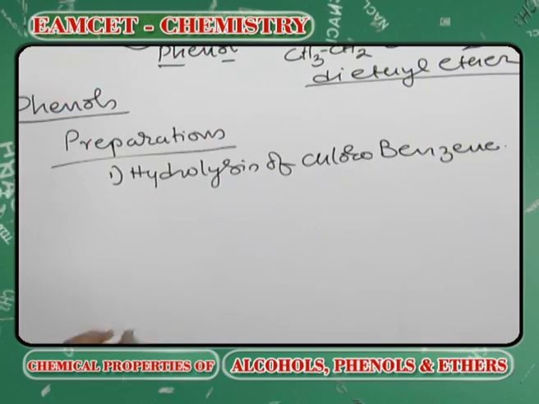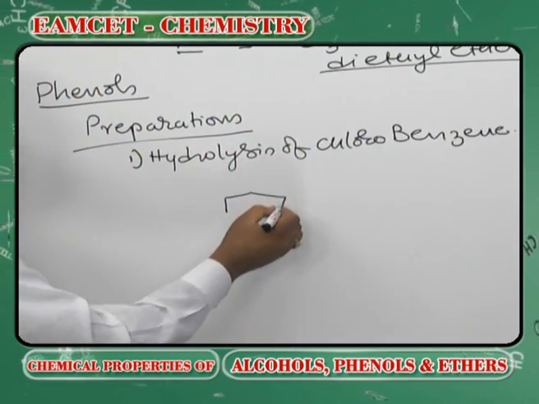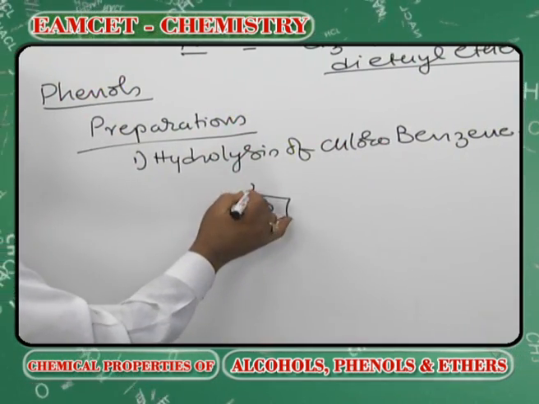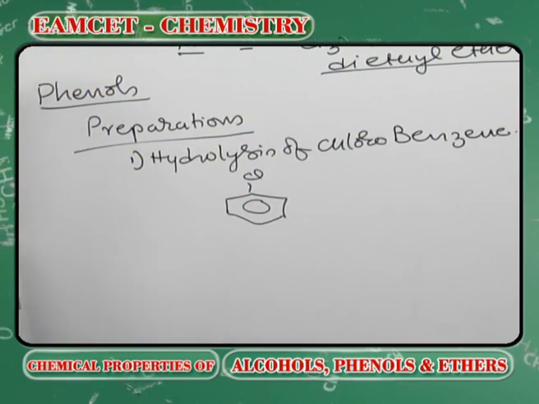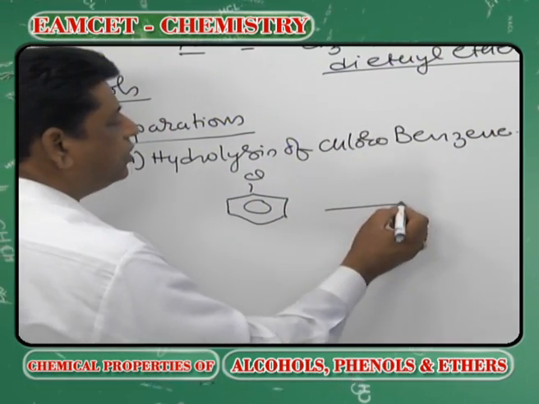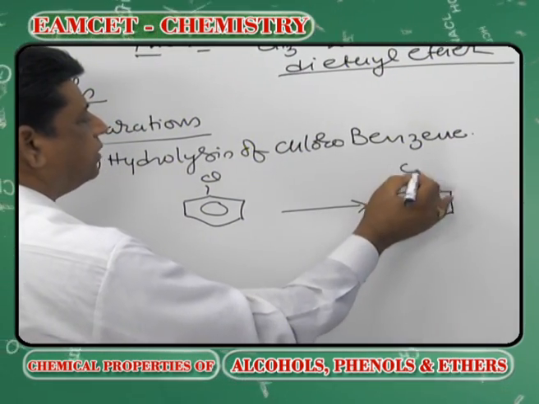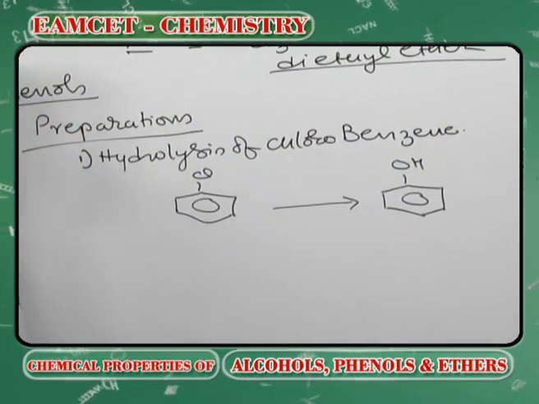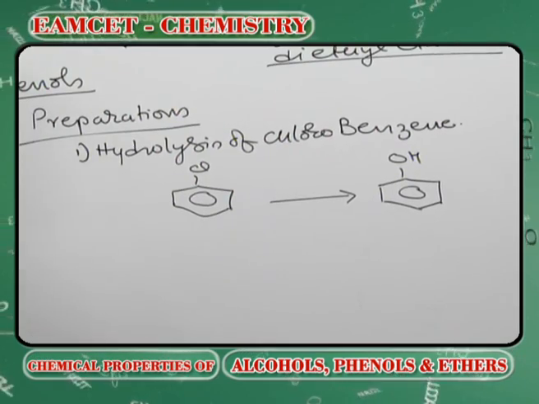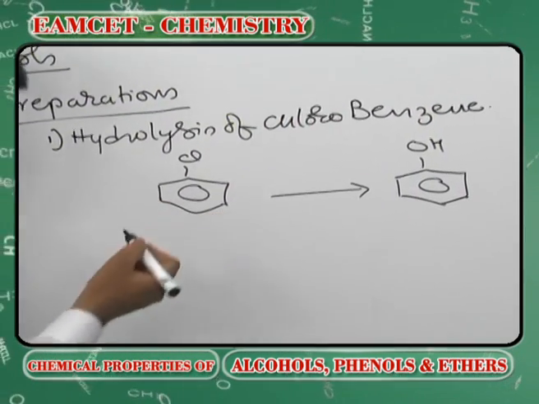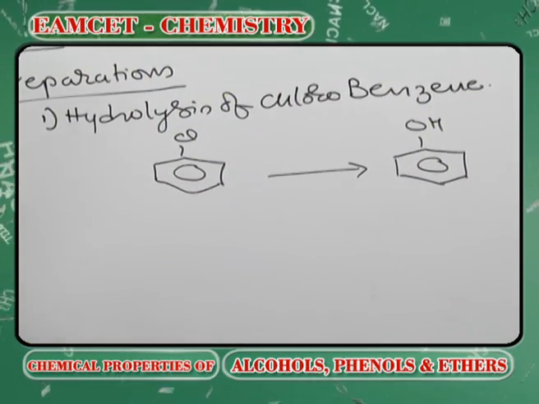That is benzene with a chlorine, and we are going to replace that chlorine with an OH group. You can guess that an OH minus should be there to replace this Cl. But just taking the OH is not sufficient.